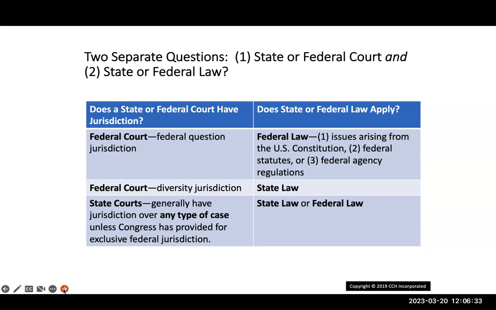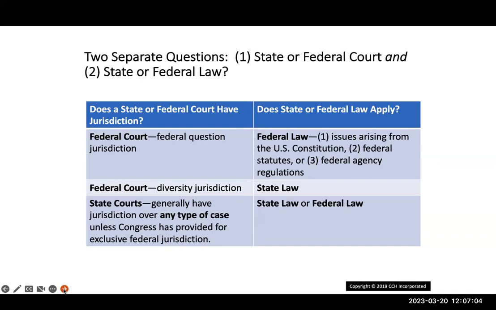The slide in front of you shows figure 5.6 of the textbook, and describes whether a matter belongs in state or federal court, and second, whether a state or federal law applies. So again, as noted by the slide, even though a matter may be in federal court, such as under diversity jurisdiction, the federal court would be applying a state law.